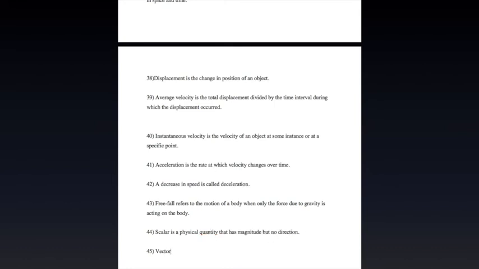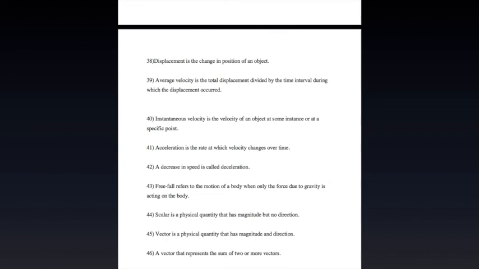What is a vector? A vector is a physical quantity that has magnitude and direction. What is a resultant? A resultant is a vector that represents the sum of two or more vectors.